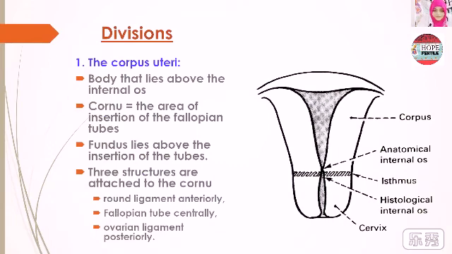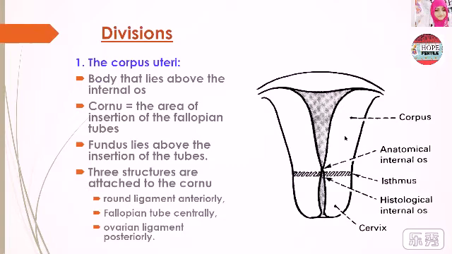Now, we will see the divisions of the uterus. So, first is the corpus uteri, the body that lies above the internal os. This is the histological internal os, and this is the corpus.